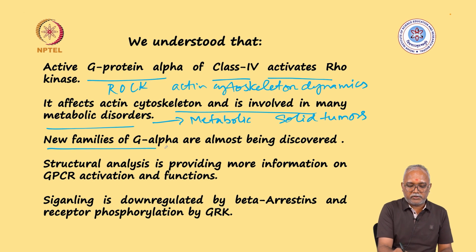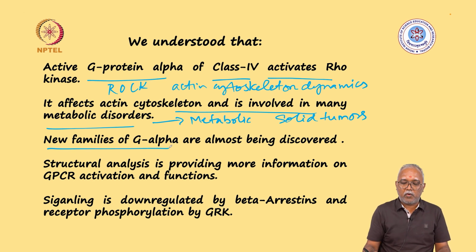Further, a new family of G-alpha has been identified. More and more studies are being conducted on that, so we'll have more information on them at some later point of time.